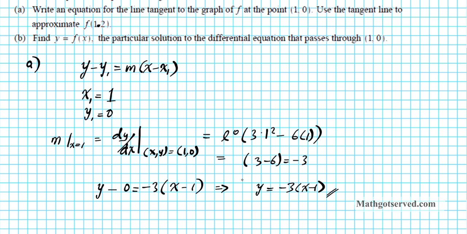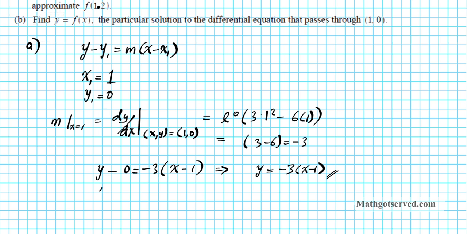Well, we are asked to approximate f of 1.2, so how do we do that? Well, f of x is equal to negative 3 times x minus 1. This is the equation of our tangent line, so we can use it to approximate the function nearby.